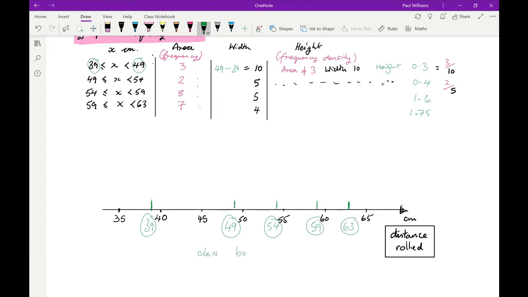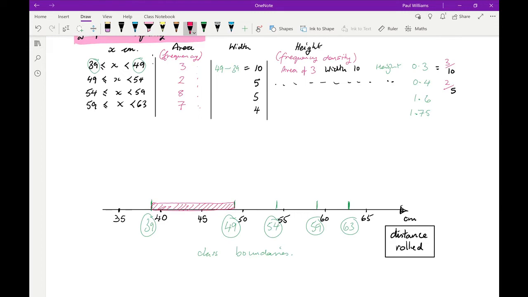And into these boundaries we were putting Lego bricks, pieces of data, and we were then wishing to compress that data to form rectangles. So this first rectangle here, which is not a very well drawn rectangle, represents the 3 pieces of data which were in that group from 39 to 49.